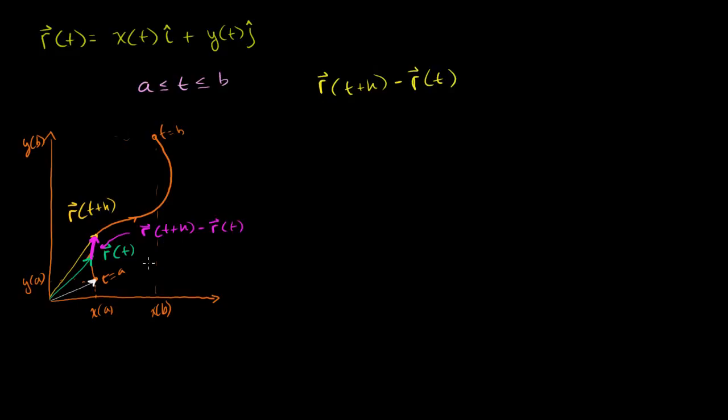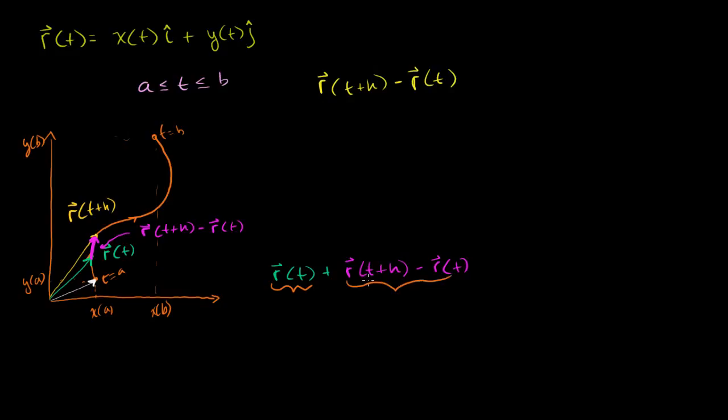And it should make sense, because when you add vectors, you go heads to tails. You could alternatively write this as r of t plus this character right here, r of t plus h minus r of t. When you add two vectors, let me make it very clear, I'm adding this vector to this vector right here.